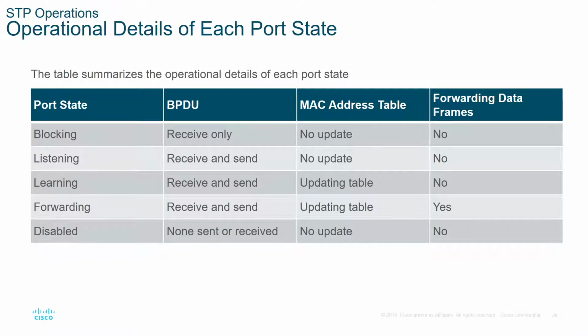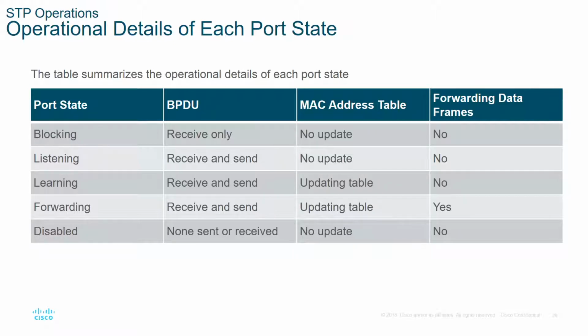So, operational details of each port state. We've got a simple table here that summarizes the operational details of each port that we are looking at, and we can see the different states listed on the left-hand side.